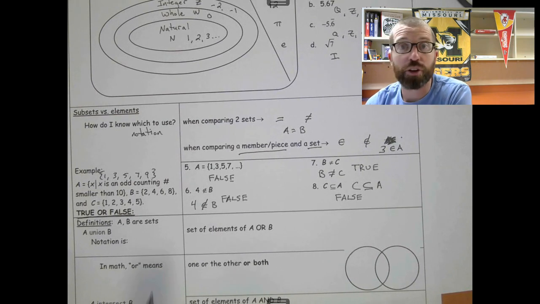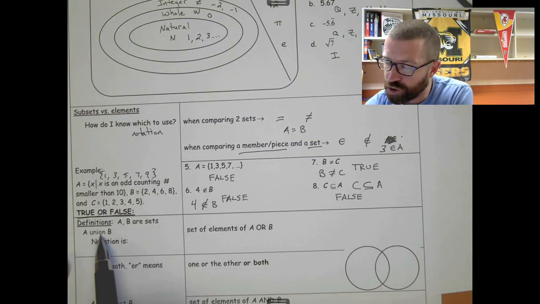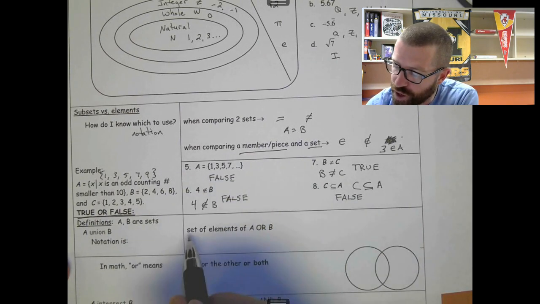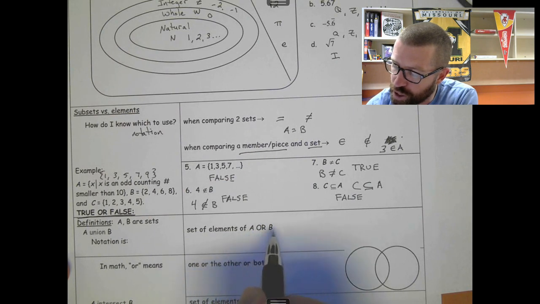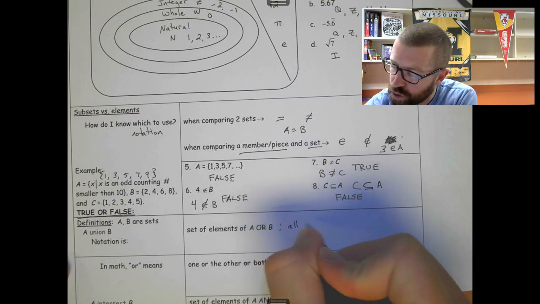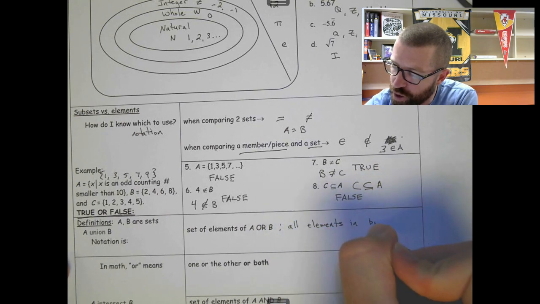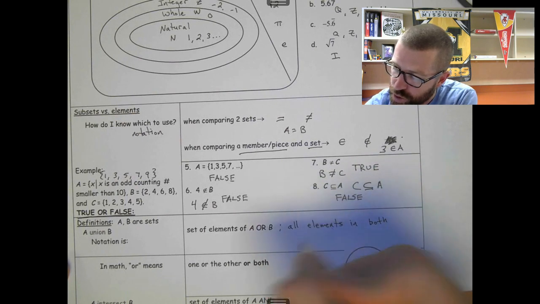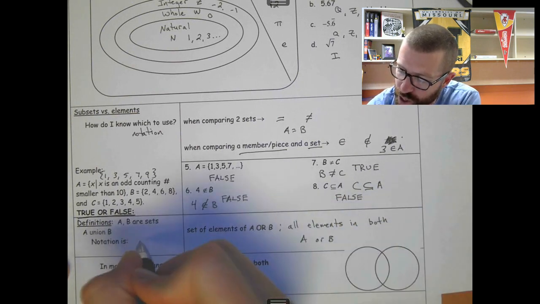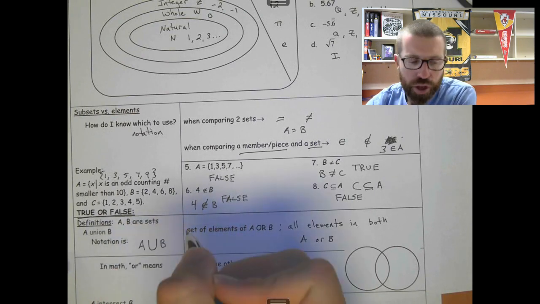So let's look at another definition. If A and B are sets, then A union B means the set of all the elements in A or B. The notation is this big union symbol, or a cup.